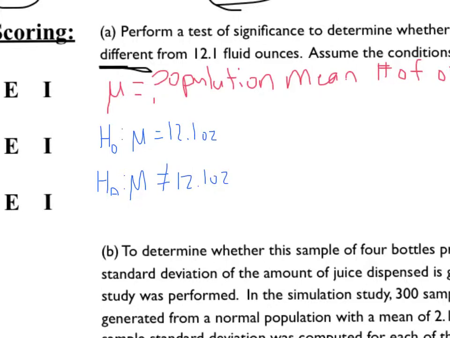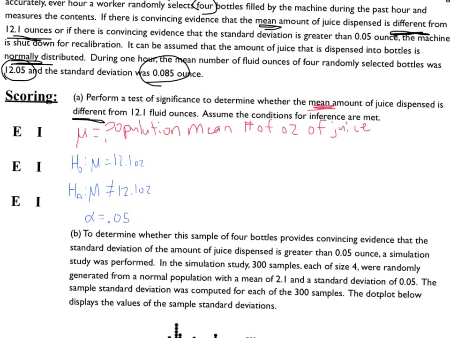We also want to pick a critical value, so we might decide that alpha is going to equal 0.05. That's just the standard unless there's a reason to choose something else. So now we have a null, an alternative, and an alpha value, and we know that mu represents the population mean number of ounces of juice in these containers. And now we need to actually carry out the test.